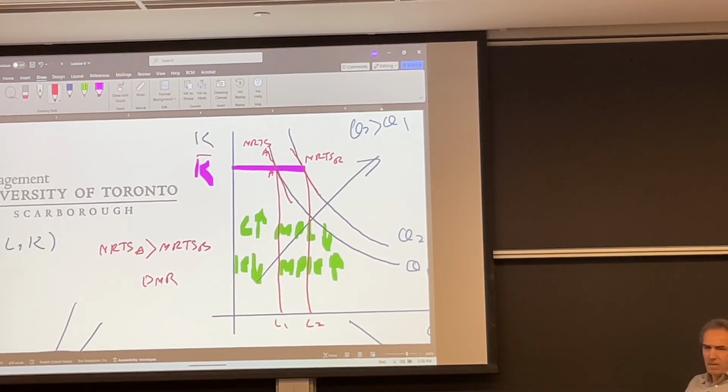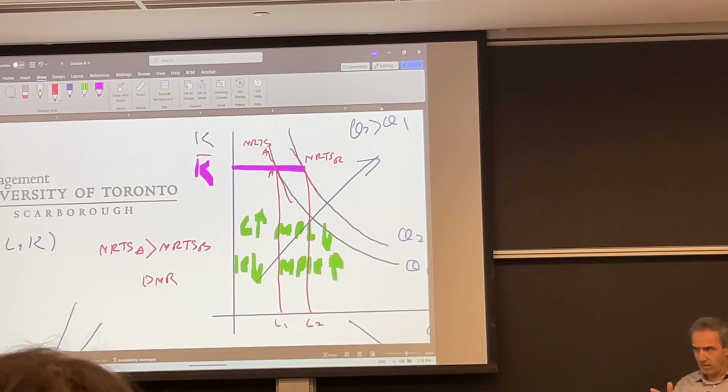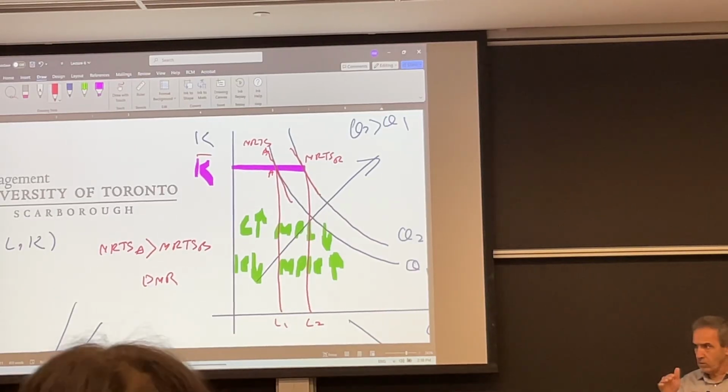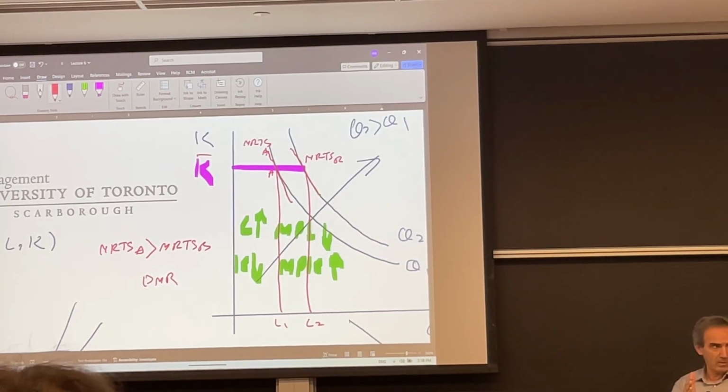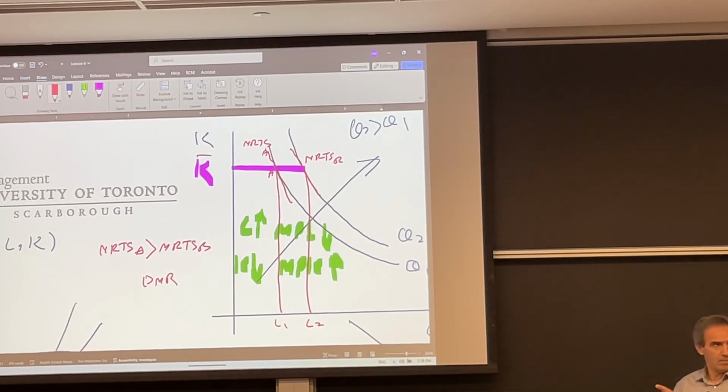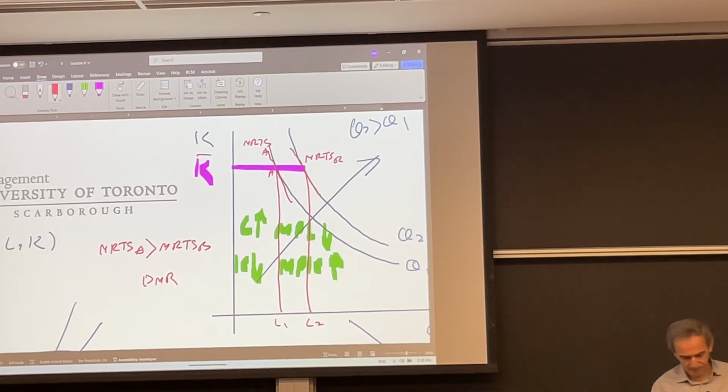So you should expect not only a falling MRTS across one isoquant, but if you go to more than one isoquant, it should fall too, if DMR holds. And DMR is not required, it's typical. Make sense? So MRTS falls across one isoquant, that's typical. And if you go across more than one isoquant by keeping the capital constant, it should fall too, if DMR holds. Alright? Okay.